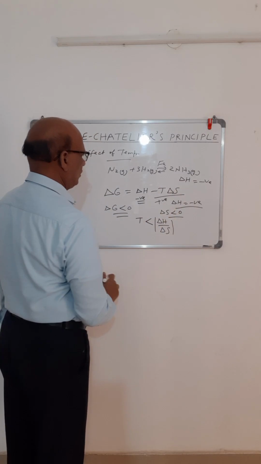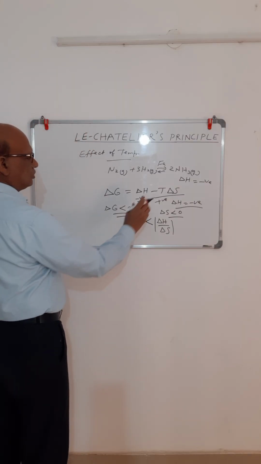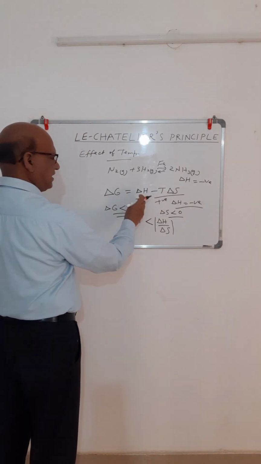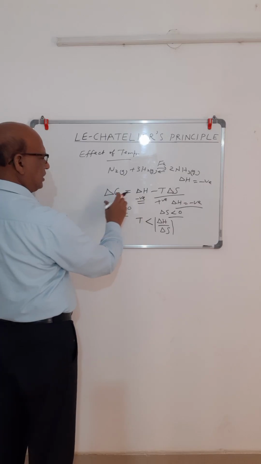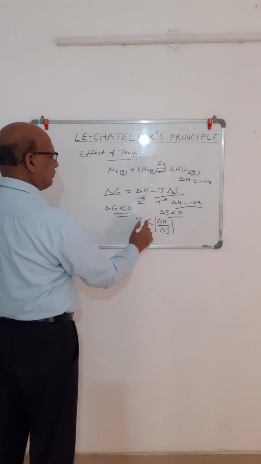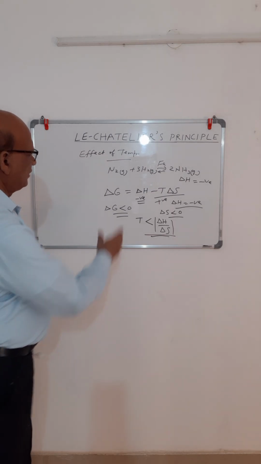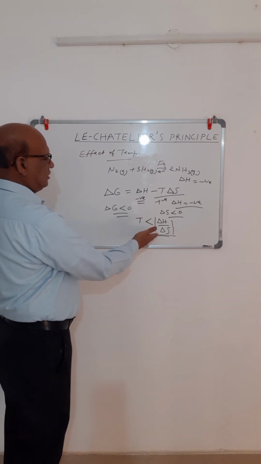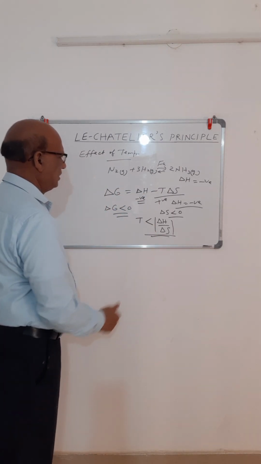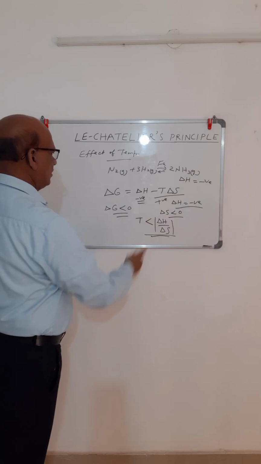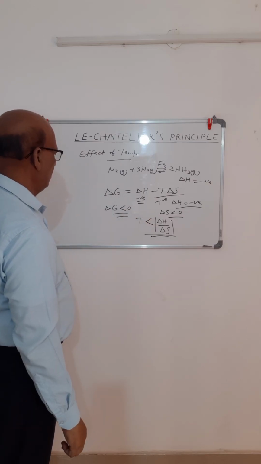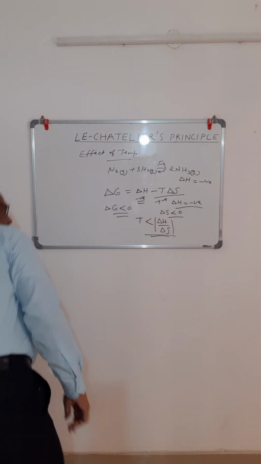So positive term should be less than negative term, then only delta G will be negative, and that will happen when temperature is lower. So for exothermic reactions, it is proved that temperature should be lower, then only reaction equilibrium will move in the forward direction.